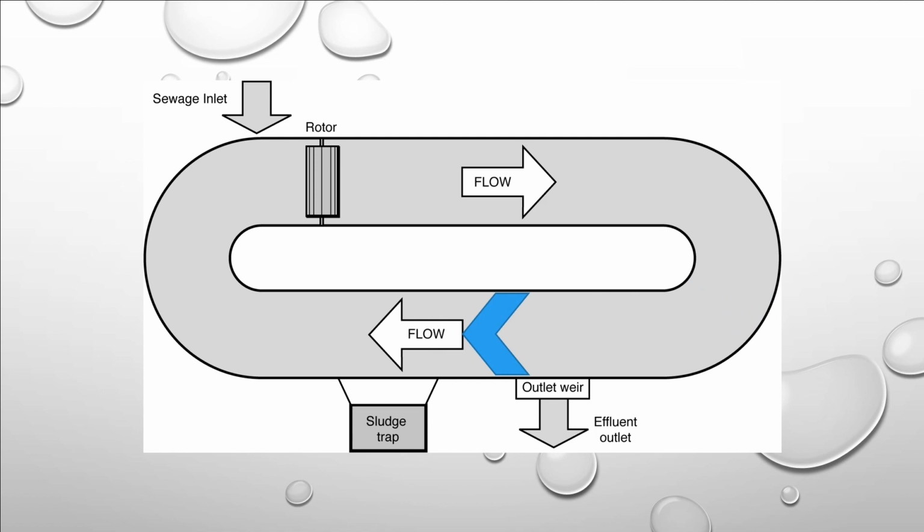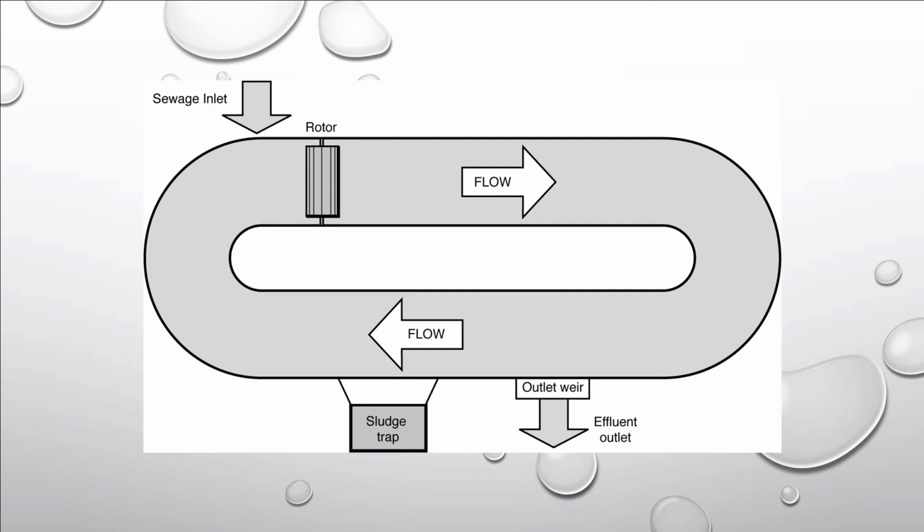The wastewater is moved around the oval basin by the rotor, or aerotor, to keep the water flowing. This also helps in providing oxygen to the bacteria mentioned earlier so that these bacteria can survive. While the wastewater is being broken down, the remaining sludge settling at the bottom of the basin will be trapped here in the sludge trap, and the waste sludge will be removed.